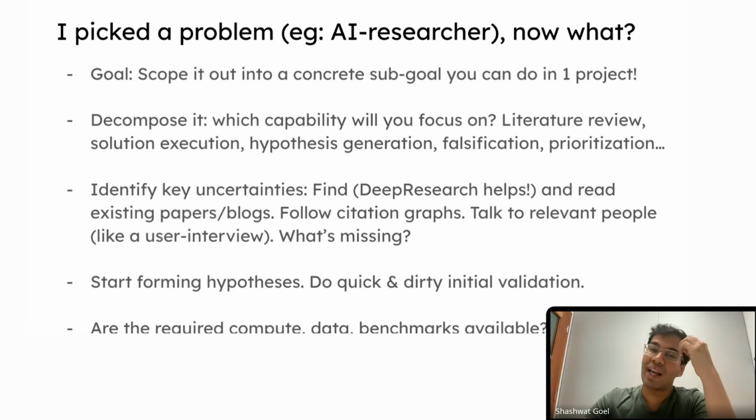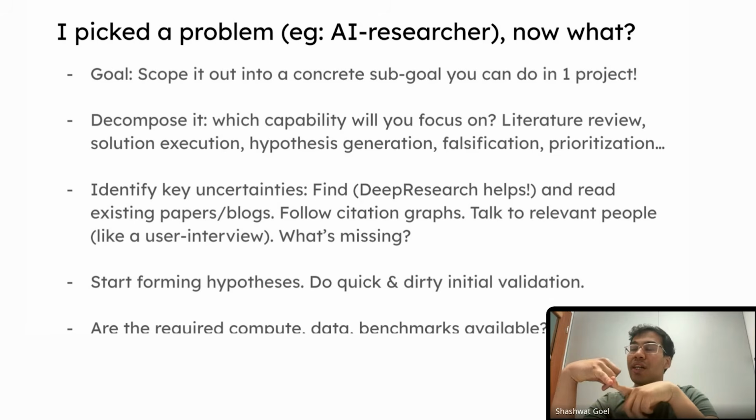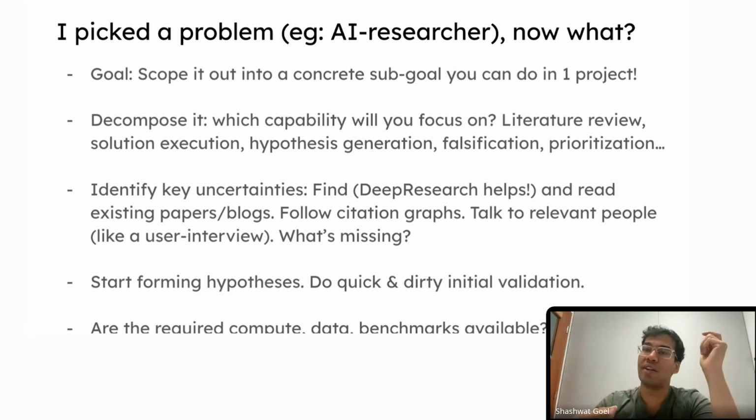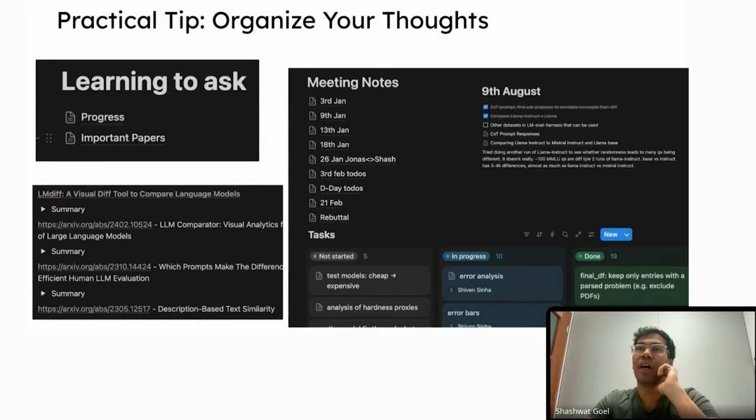Also, once you have a problem in mind, always first check whether you have enough compute to actually do this project, whether there is data out there that is easy to collect and use, and whether there is a benchmark where you can validate your own results to see if things are working or not. And if the data and benchmarks don't exist, creating them is a very important contribution, and maybe you should focus more on that rather than on coming up with the solution.